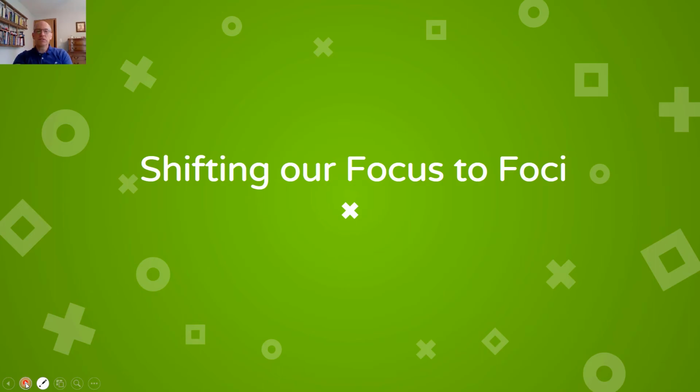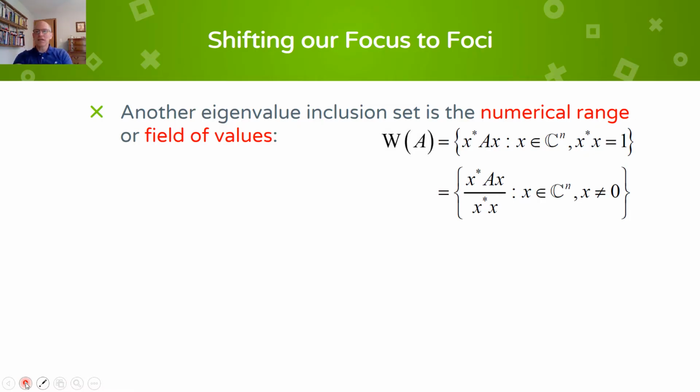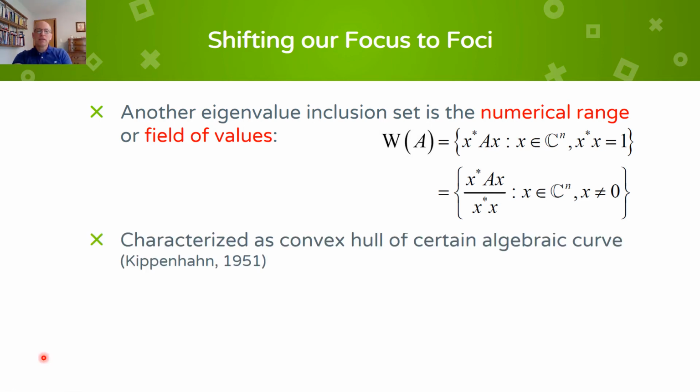All right, let's move on to foci. Why foci, you may ask? Well, before I studied Gershgorin disks, I studied the numerical range quite a bit. And most of you are probably familiar with it. It's another eigenvalue inclusion set. Kippenhahn in 1951 proved that it is the convex hull of a certain algebraic curve. And it's easy to see that the numerical range contains the eigenvalues, right?